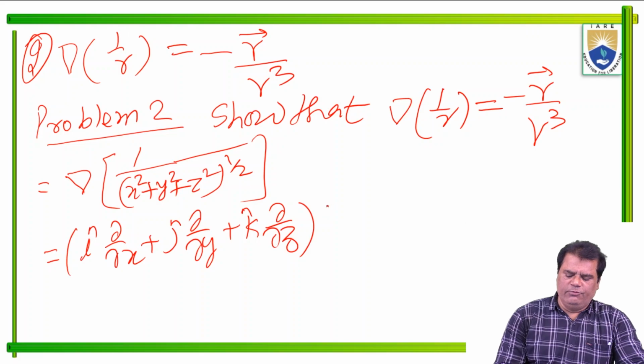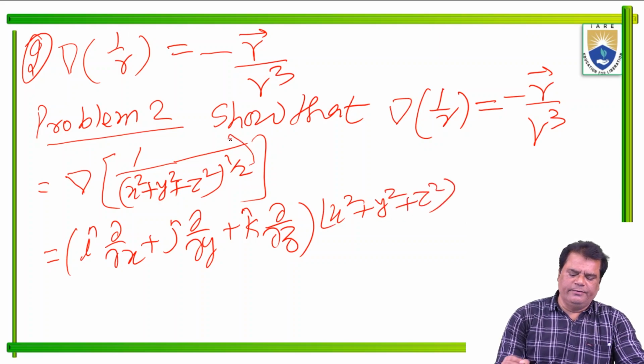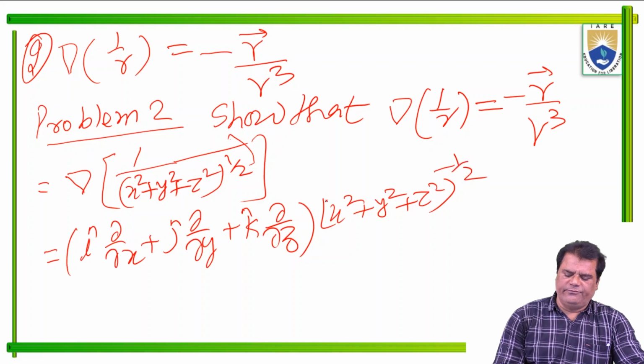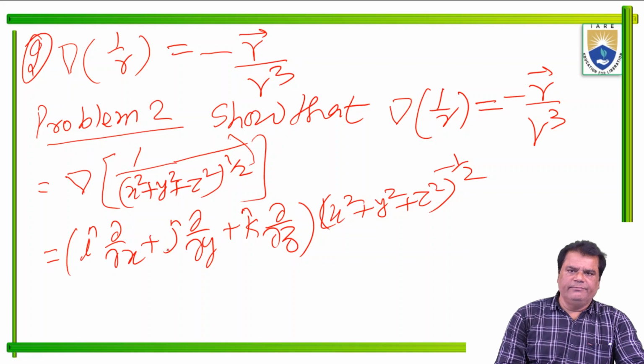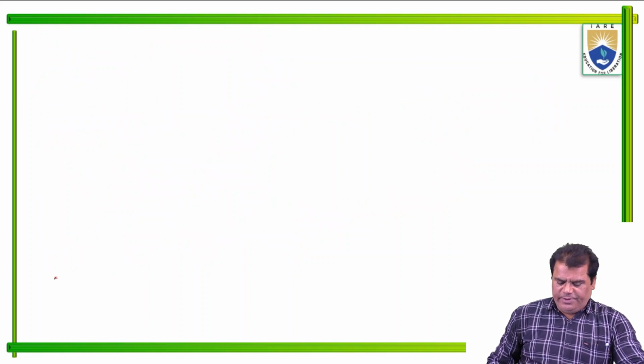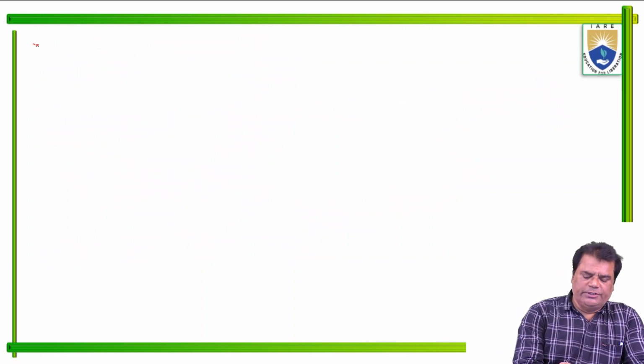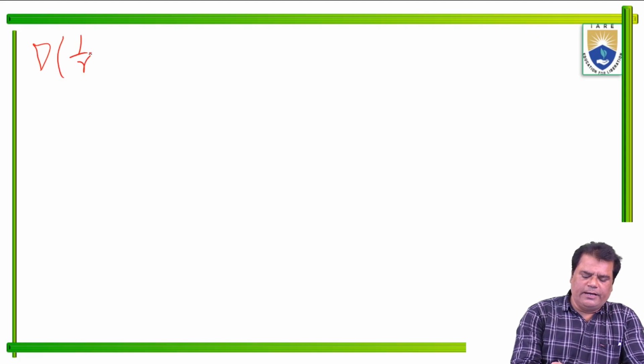Now writing the function: x square plus y square plus z square, taking this in the numerator, then this is to the power minus half. Now writing this inside the bracket, we can write del of 1 upon r.